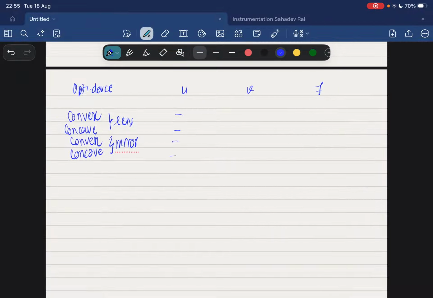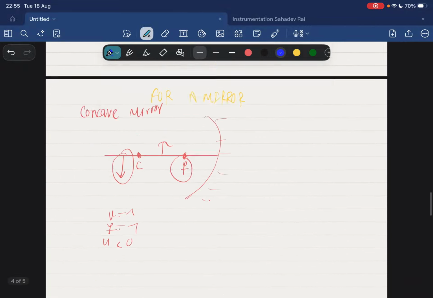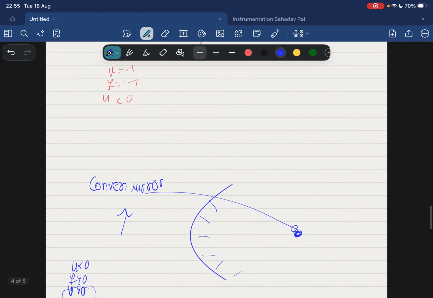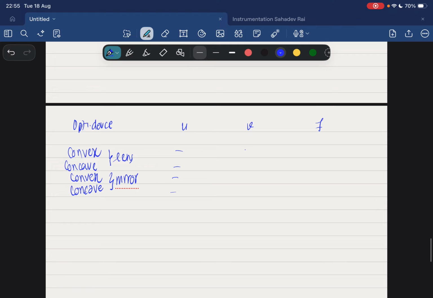So see, for a convex lens, the image is going to be real, right? But it is going to be formed, as I've shown you here, behind the mirror, therefore the image must be positive, it's a real image, right? So focal length is also positive.